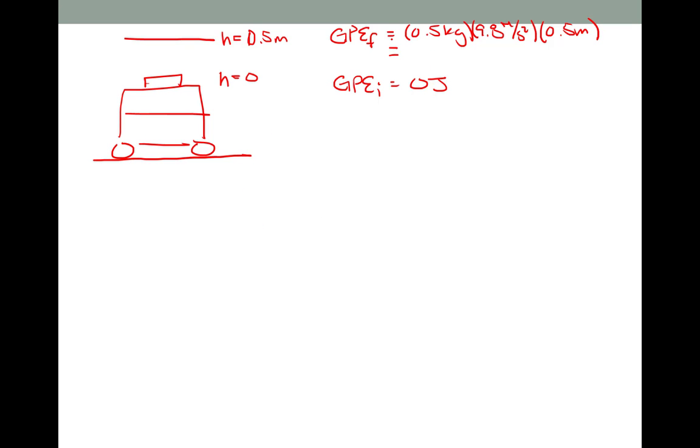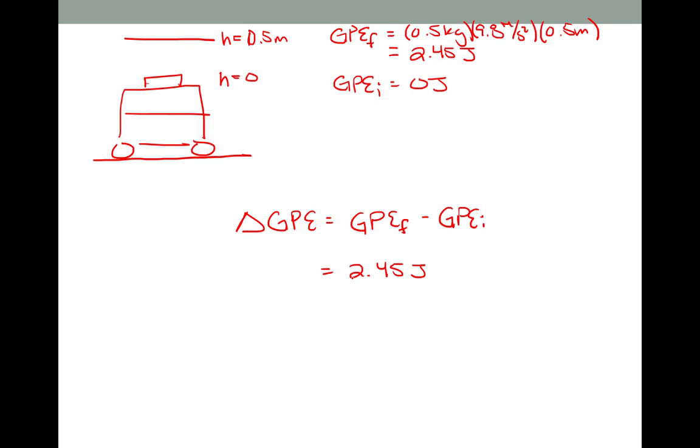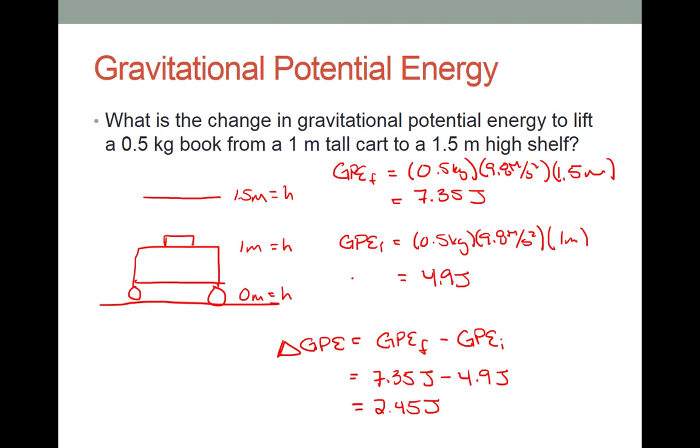And that equals 0.5 times 9.8 times 0.5, 2.45 joules. So our change in gravitational potential energy, GPE final minus GPE initial, is 2.45 joules, which is exactly what I got on the previous slide.